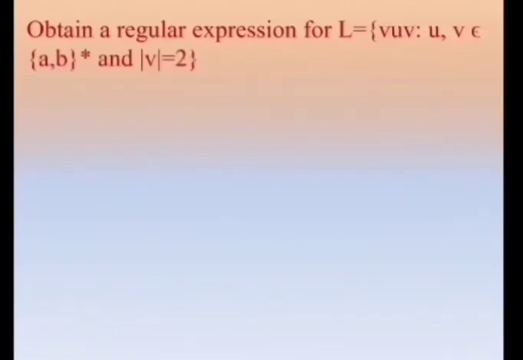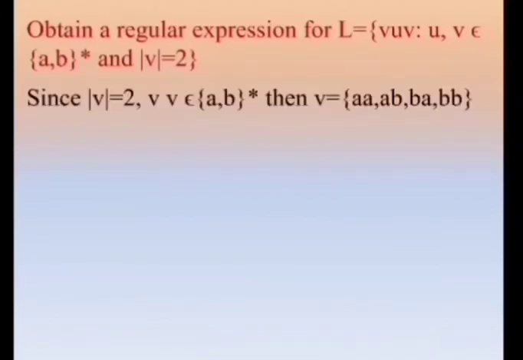The last problem we have is: obtain a regular expression for the language L equals VUV, where U, V belong to (A, B) whole star and the length of V is equal to 2. The strings in the language are of the form VUV and the length of V should be 2.